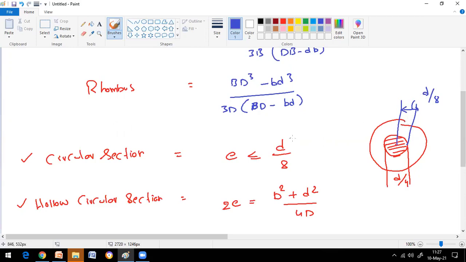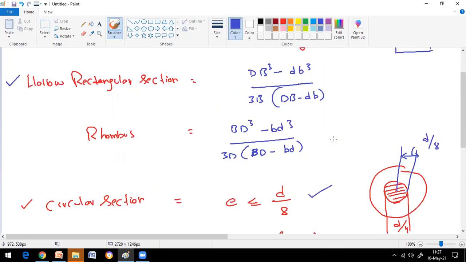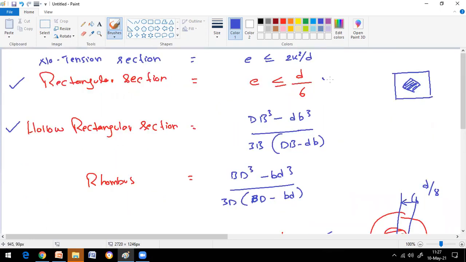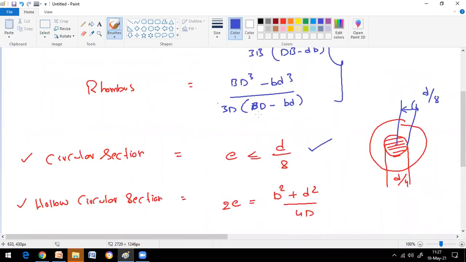So please try to remember this formula: for circular section d by 8, for rectangular section d by 6. For hollow rectangle, with these formulas we can measure the eccentric area, what the distance is. For hollow circular section, your 2e should be (D square plus small d square) by 4 times the capital D. So these are the very important eccentric distances, right?